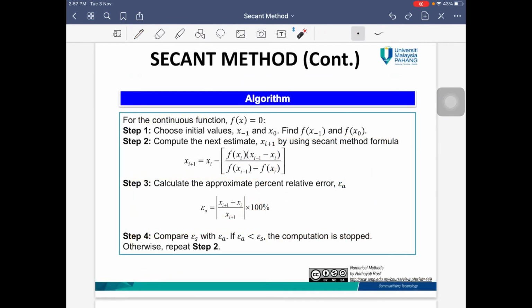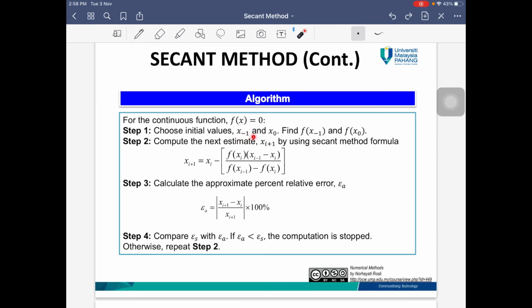Now we look at the algorithm on how to compute the root estimate by using secant methods. For a continuous function f x equal to 0, step 1, choose initial values. We denote them as x subscript minus 1 and x naught.